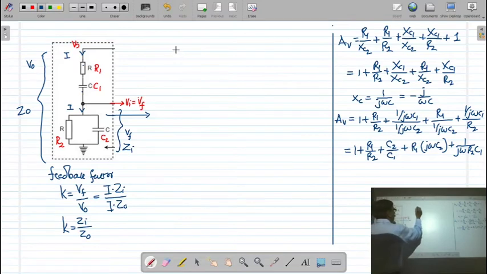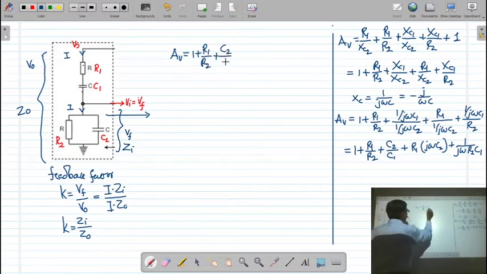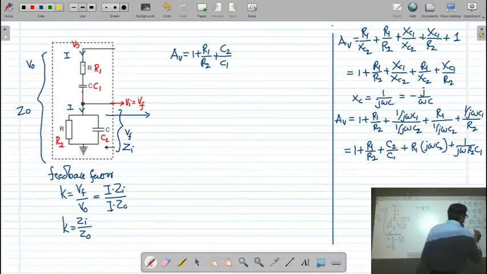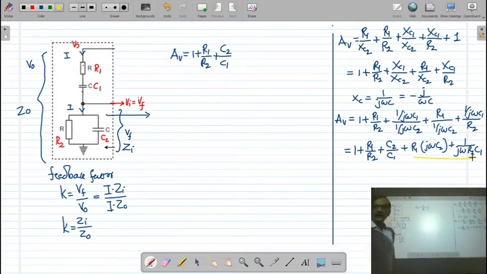So the gain of the amplifier AV comes out to be 1 plus R1 by R2 plus C2 by C1. So the first three terms are as they are. Now the third and fourth terms are imaginary terms.